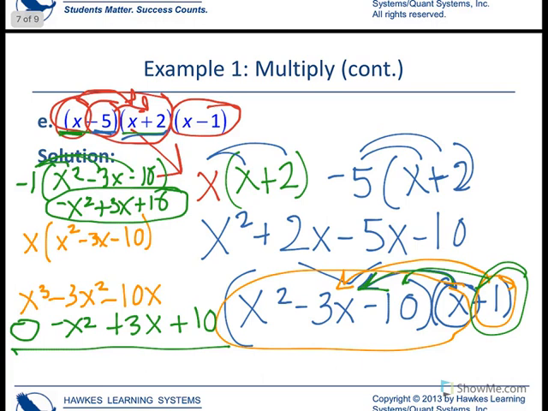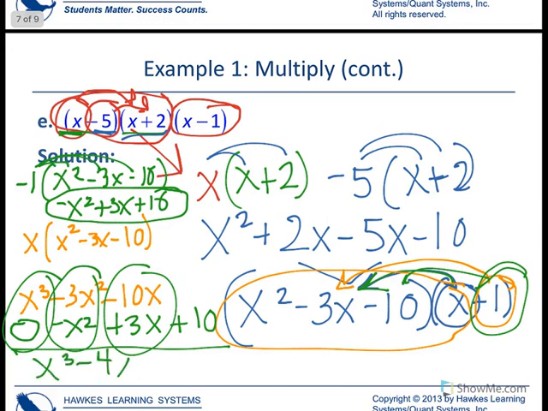And then I can combine them, remember, in the little columns. So then I end up with x to the third minus 4x squared minus 7x plus 10. And then I can check to make sure that all the terms are similar. Okay, and then that means that I've simplified it to the best of my ability.